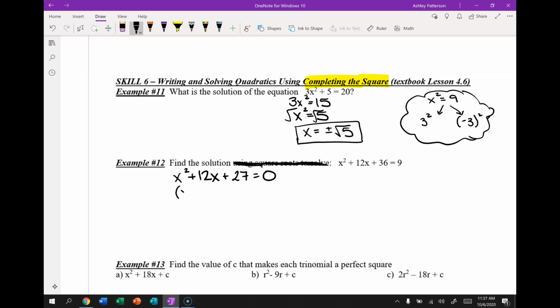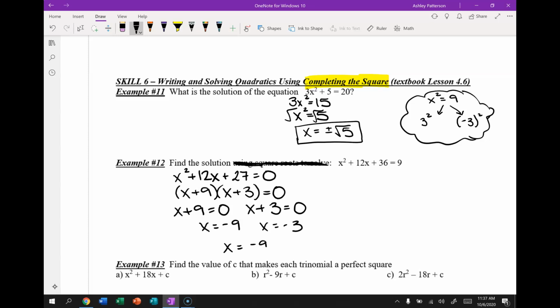So let's factor this to be x plus 9 times x plus 3 equal to 0. The zero product property allows us to set each of these equal to 0. We talked about that in class the other day. If there are two terms being multiplied and they equal 0, one of them has to be 0. So x is negative 9 and x is negative 3, and we're going to write our solution set.